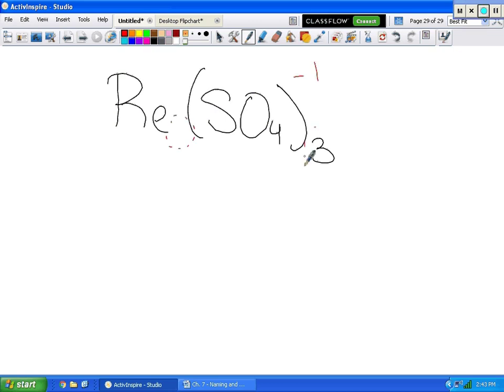That's the 1 minus. I pull the 3 up here. And again, this is where you have to know your polyatomics. What is sulfate? 2 negative. Not 1. So you got to double both of these. And so that turns from a 3 to a 6. And that's from a 1 to a 2. So it's rhenium 6. Okay. That's a tough one right there.